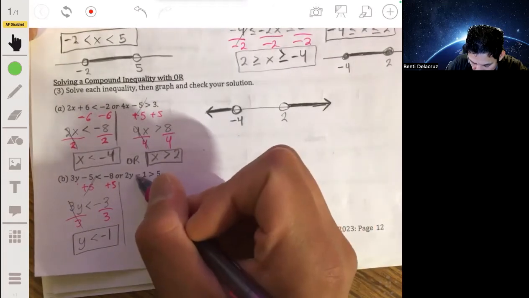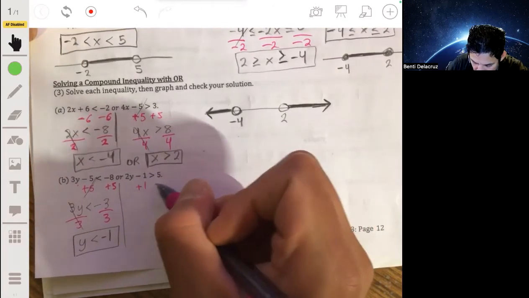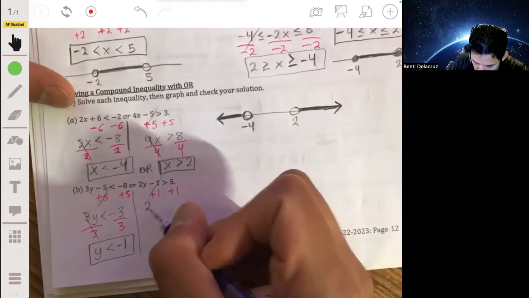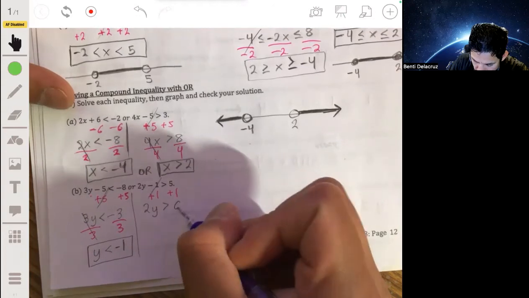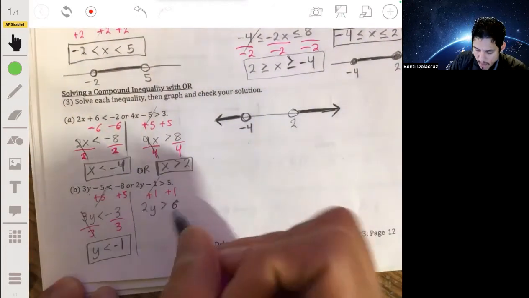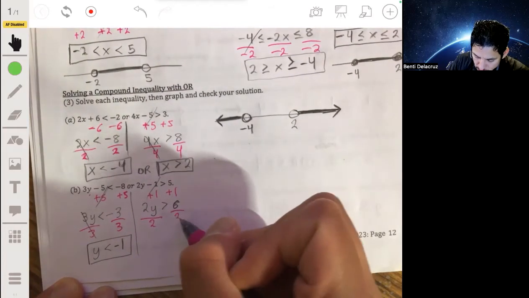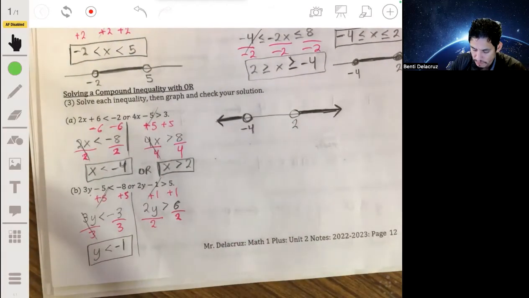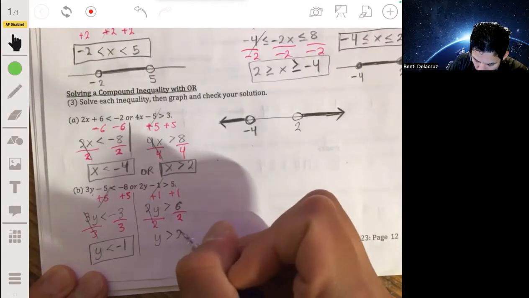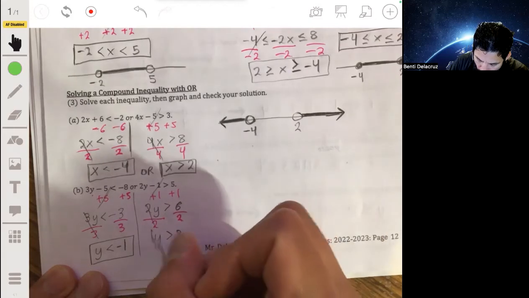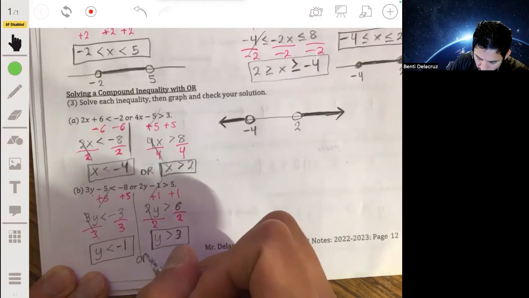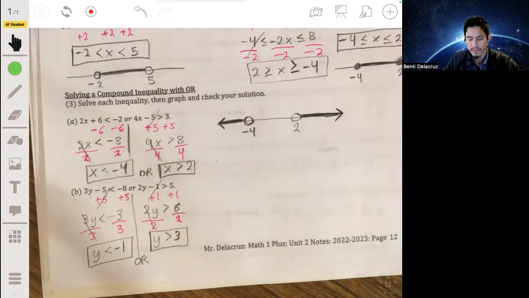Now here, let's solve for y by first adding 1 to each side. So we get 2y is more than 6. Then divide each side by 2. Okay, y is more than 3. So our solution is that y is less than -1 or y is more than 3.